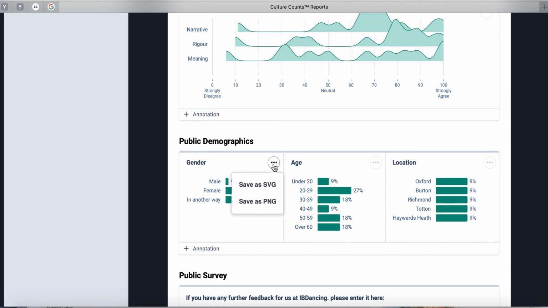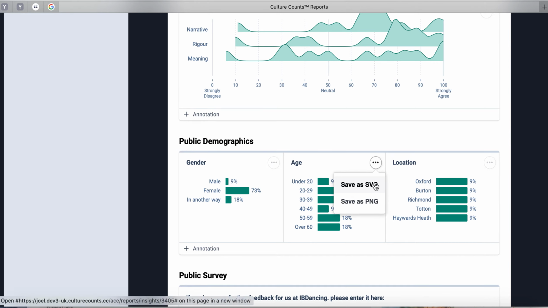You can save each chart individually as an SVG or as a PNG, which would be handy if you are going to be doing a presentation, perhaps. You might want to use some of these, in particular maybe the ones that compare the self with the peer and the public, perhaps.